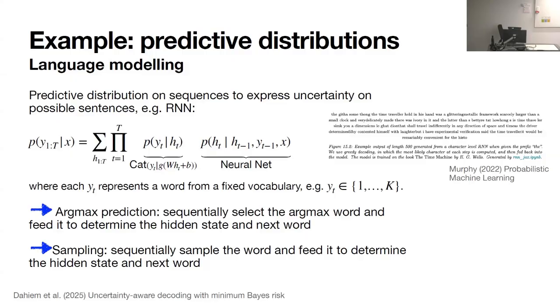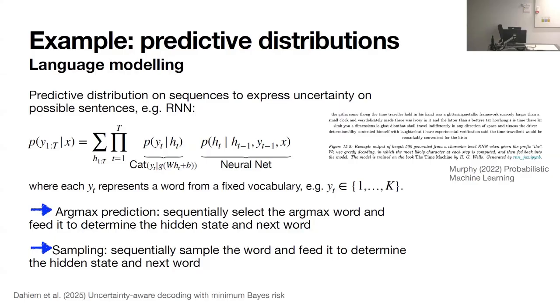And this is a nice paper that talks about some drawbacks of these two ways of summarizing this distribution, and references some other works that connect some issues with language models, like hallucinations, to the way that we choose to summarize these distributions.